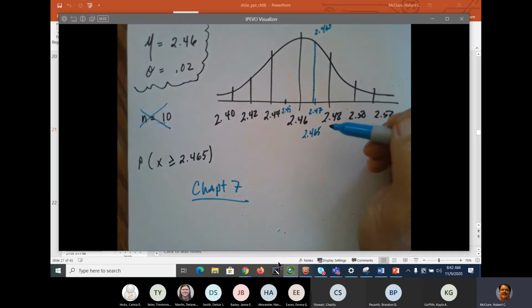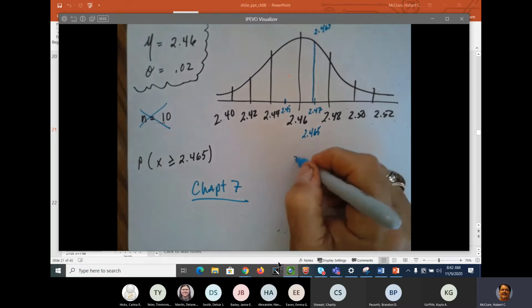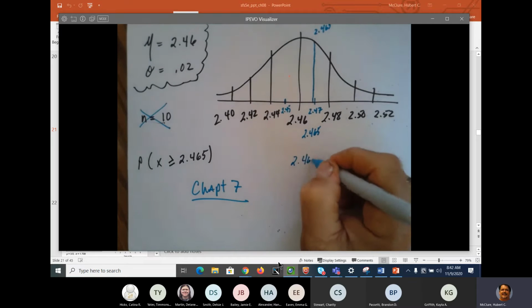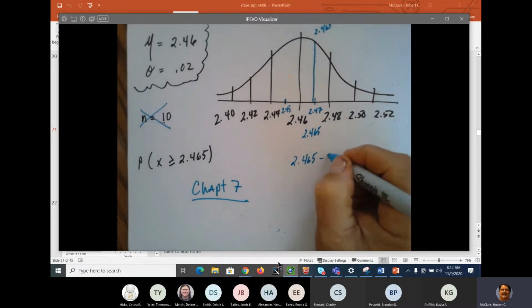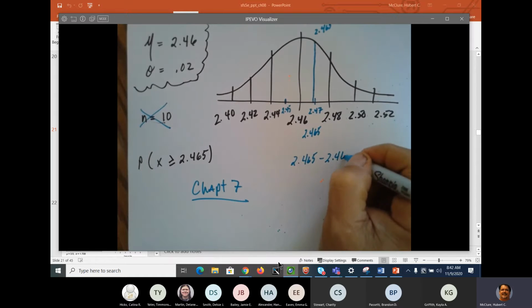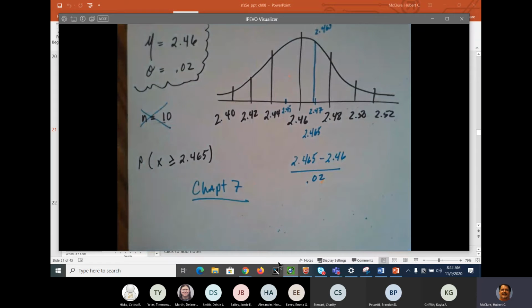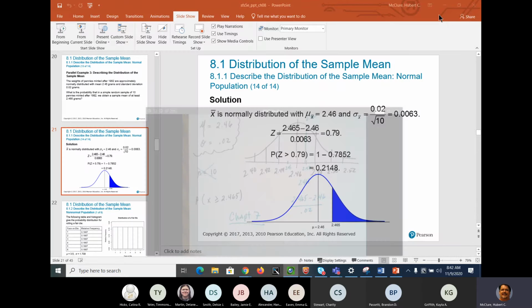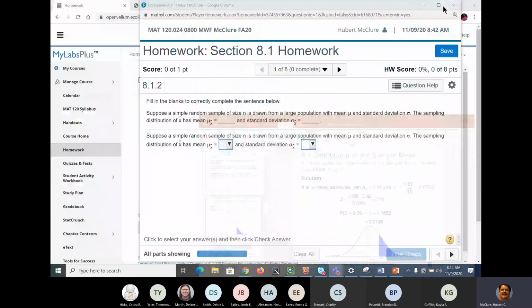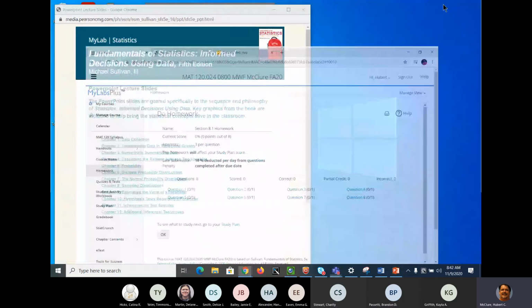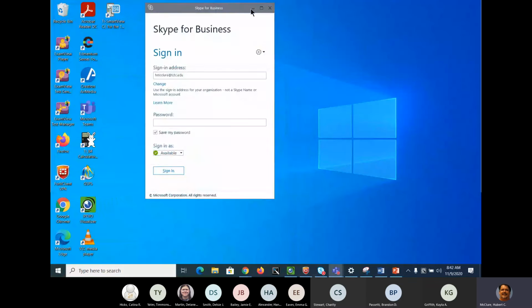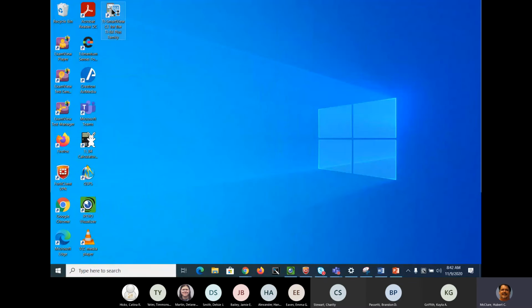Now, if you had an older calculator, you would have to change this to a z-score. So that would be 2.465 minus 2.46 over 0.02. I'm going to take my handy dandy calculator out because y'all don't communicate with me, so I quit asking a long time ago.